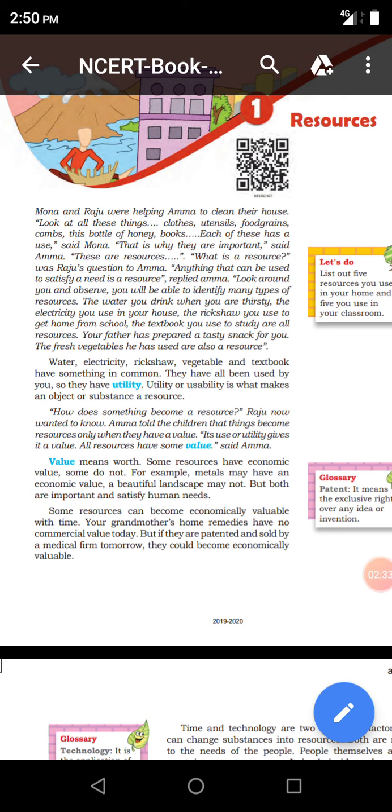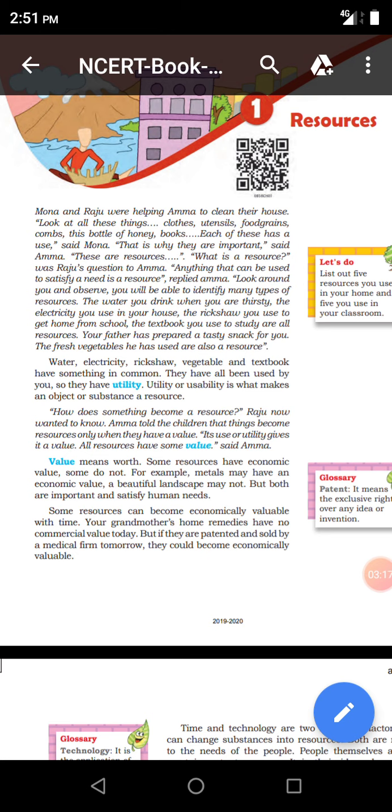People themselves are the most important resource because with the help of their ideas, knowledge, and skills, they invent and discover most of the useful things, which leads to the creation of more resources, such as discovery of fire, which leads to the practice of cooking, invention of wheel, which leads to the transports.